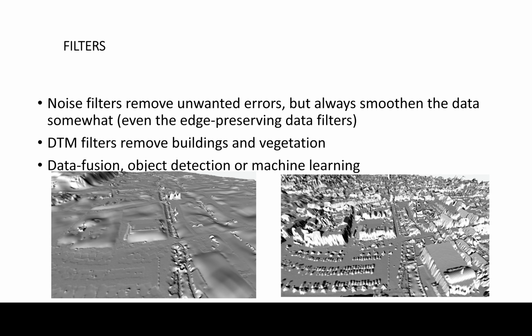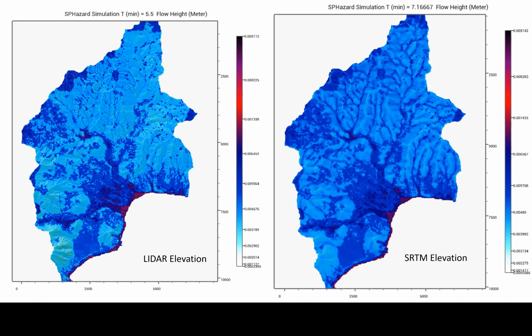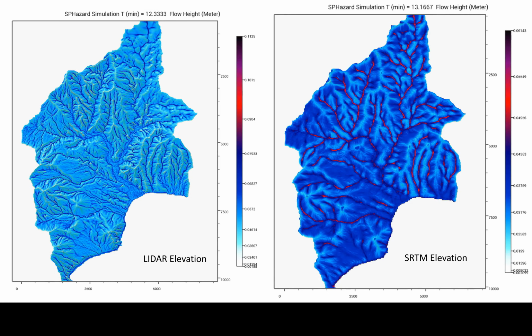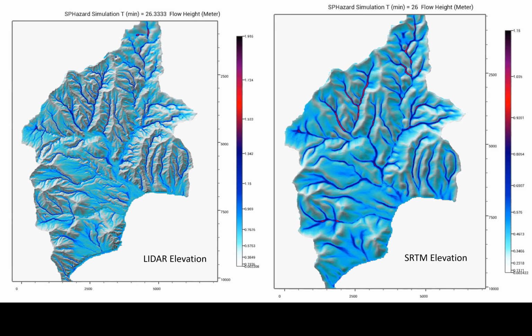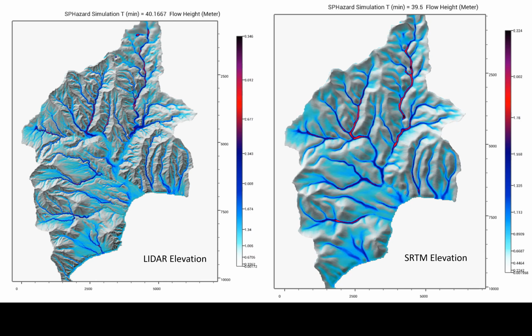Now, we also apply such a DTM filter for the Copernicus global elevation model, which is a surface model, whereas the LiDAR datasets at a national level are terrain models by default. Just to visualize a little bit the quality difference here, we're using some previous generation global elevation model called SRTM and LiDAR elevation, both at the same resolution. So every grid cell within the model here is 10 meters on both sides.